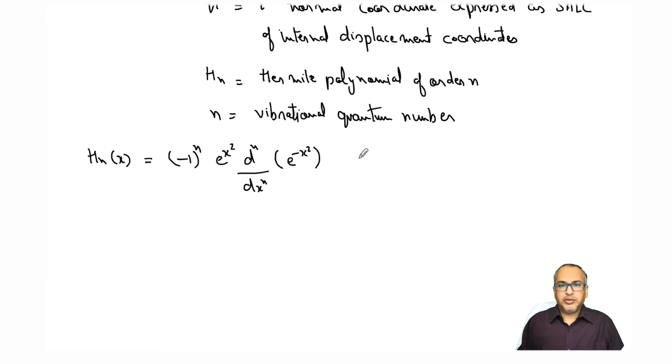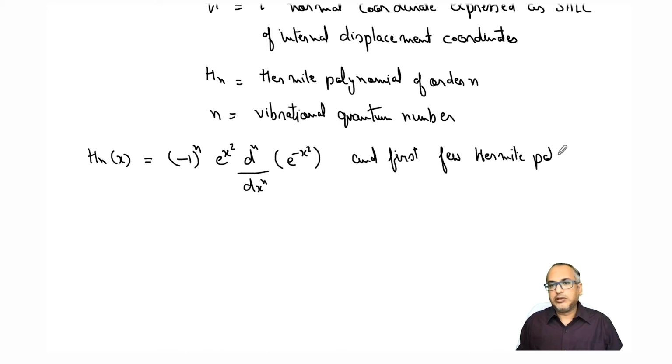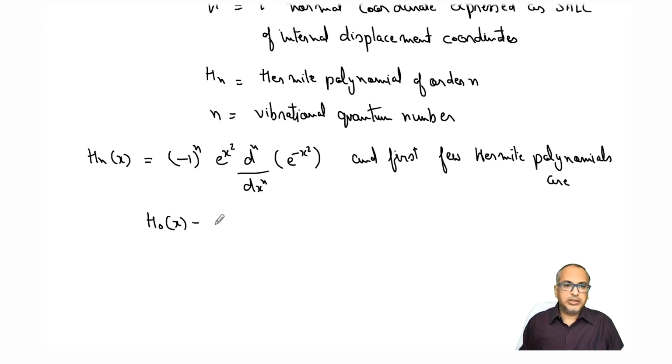And the first few Hermite polynomials are, so let's try to write down. H0 of x is 1, H1 of x is equal to 2x.